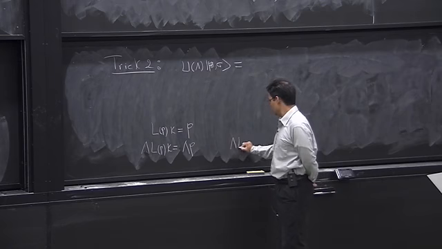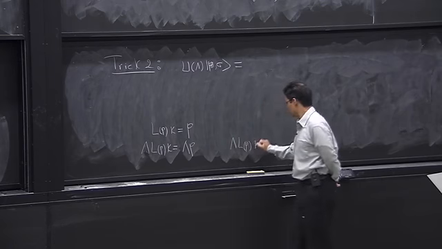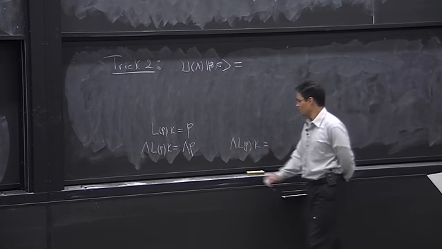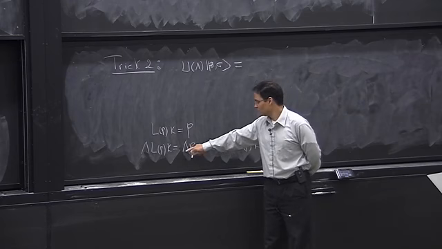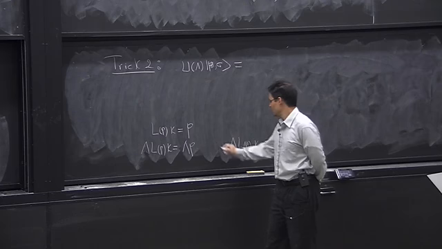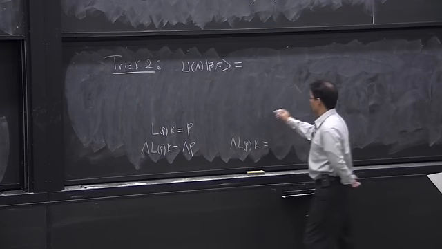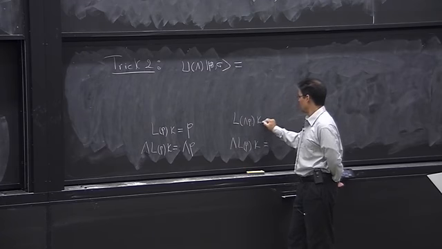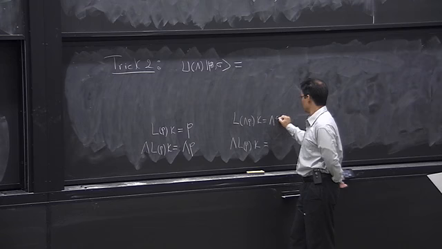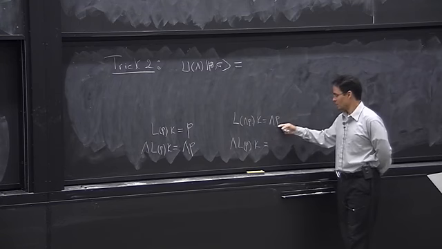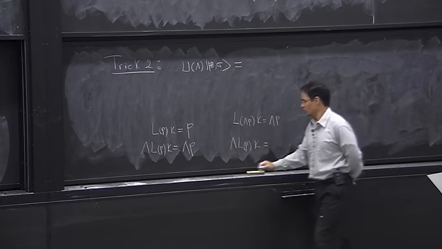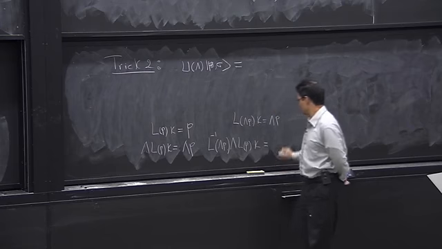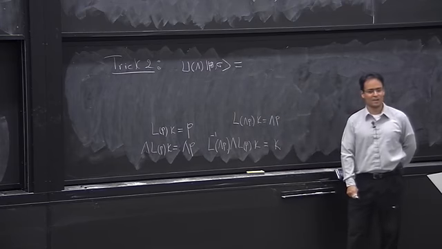I want to apply something to this quantity such that I'm going to get K back. Well, remember, if I do L of lambda p on K, I get lambda p. If I want to get K from lambda p, I simply have to apply the inverse of this. And then I get K back.